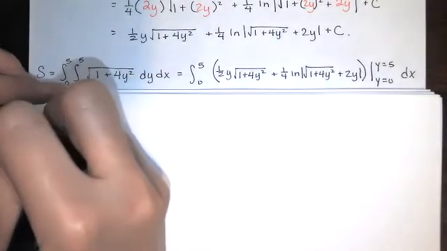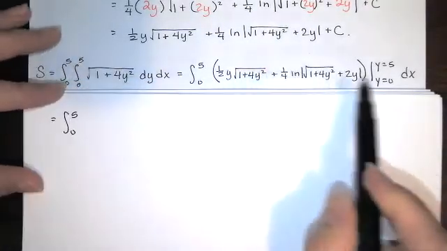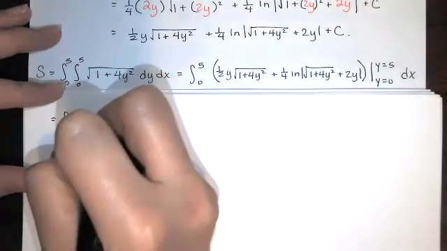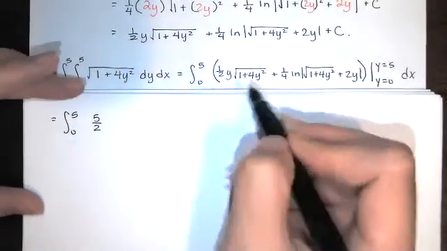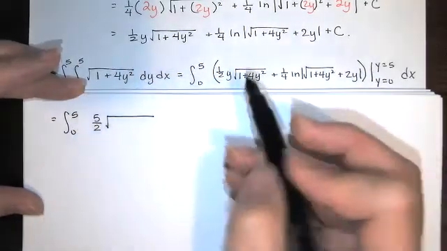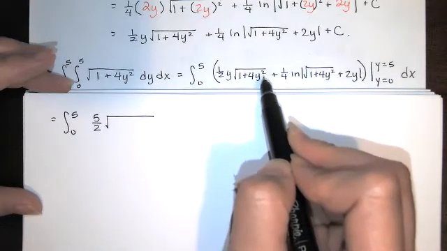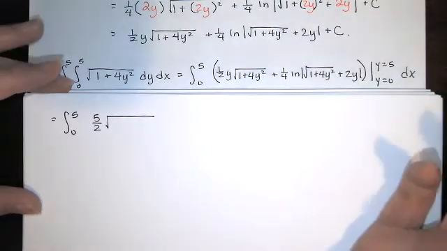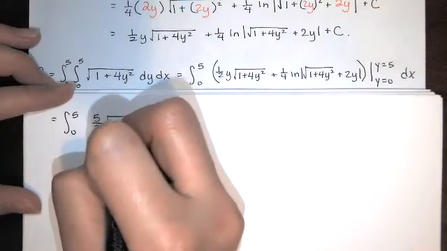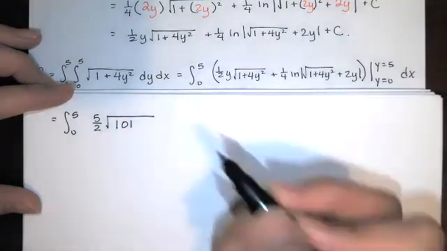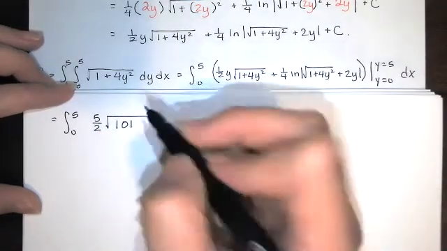Okay. So if I replace y with 5, I get 5 over 2 times the square root of 1 plus 4 times 5 squared. 5 squared is 25. 4 times 25 is 100. So we end up with 101. Okay, I guess I didn't need that radical to be so large.